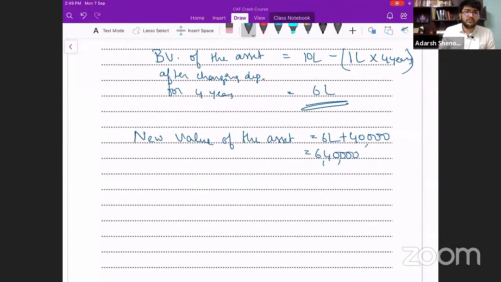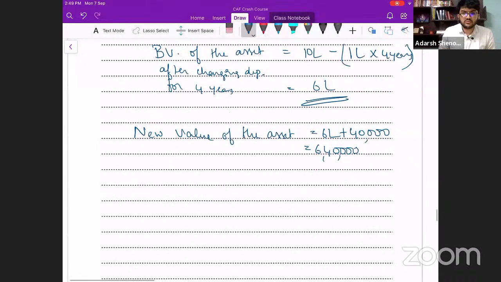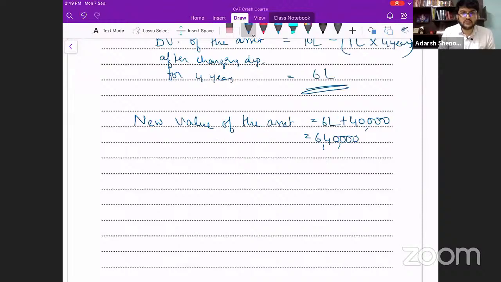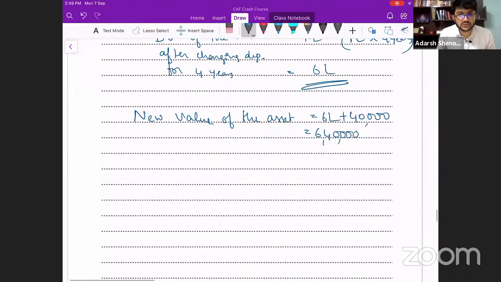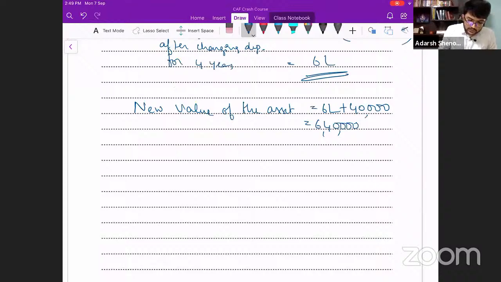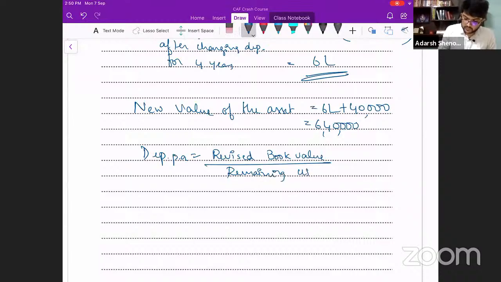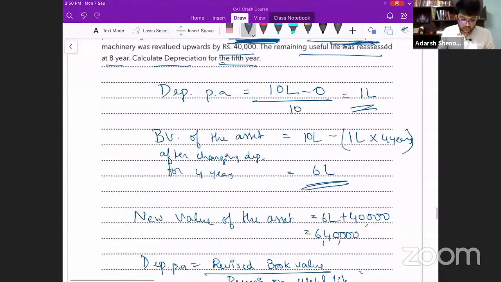Now, what is the new depreciation amount each year? At the beginning of the 5th year, 6 lakh 40,000 will be the book value. How many years should we charge this depreciation for? Depreciation is equal to the revised book value, or revalued figure, divided by the revised, that is remaining, useful life. How many more years are there?